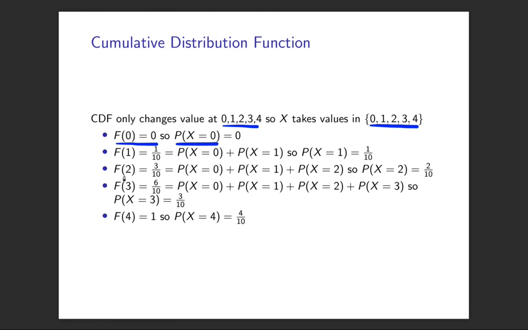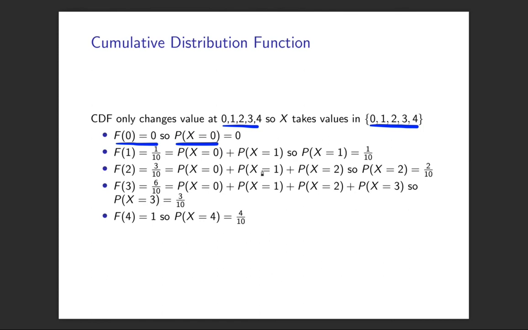So the probability X is less than or equal to 2 is 3 over 10. That's what we're being told from our CDF. We know that's equal to the probability X equals 0 plus X equals 1 plus X equals 2. So we know already the probability X equals 0 is 0, and the probability X equals 1 is 1 over 10.